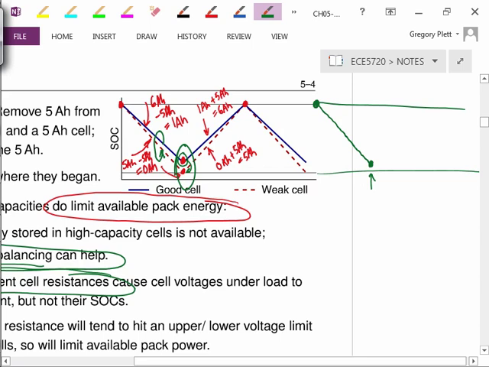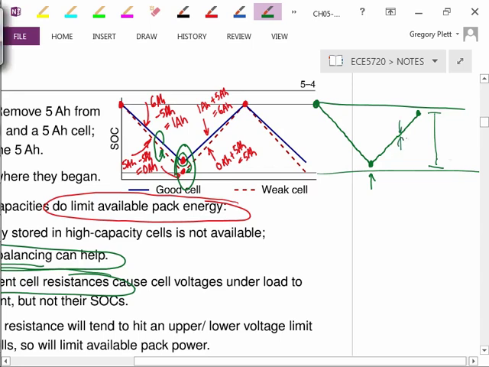And similarly, when you charge, the two curves are going to be the same, but they're going to stop before I get to 100% SOC, or the maximum rated SOC, because the high resistance cell would have too high of a voltage on charge. So having different resistances limits the state of charge range that you can use and still get your acceptable power out of it, but it doesn't cause imbalance.